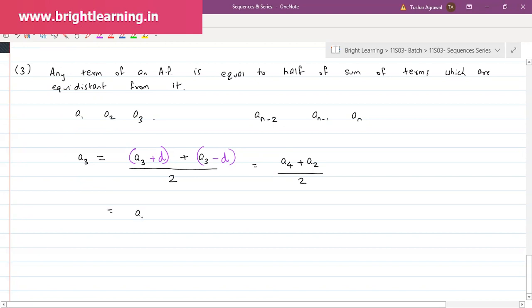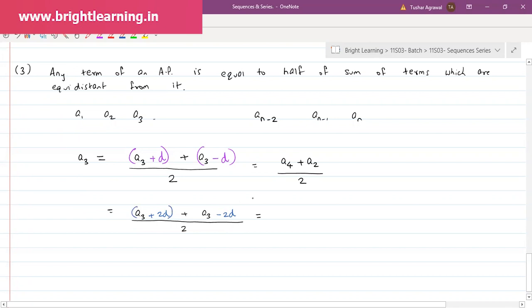A3 I could have written as A3 addition A3 upon 2. Instead of adding D, if I would have added, let's say, A3 plus 2D and A3 minus 2D, whether the result is the same? Up till this point, am I doing correct? So A3 plus 2D is separate. What is this? The term 2 units next, means 2 units apart.